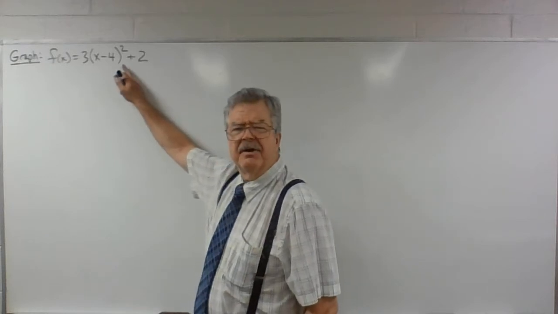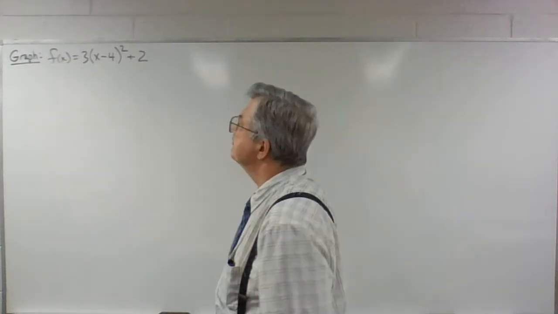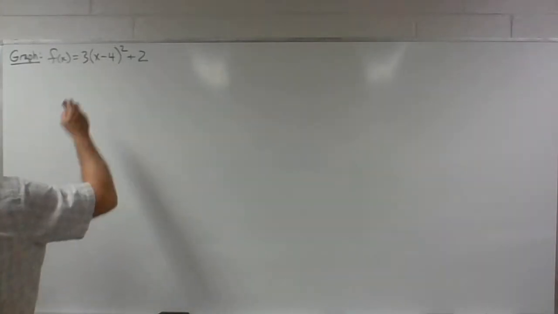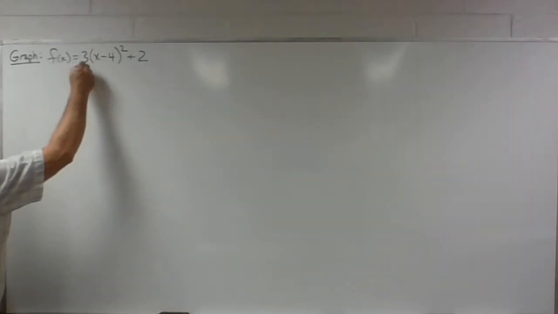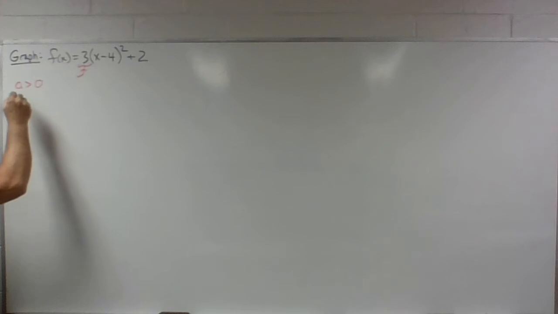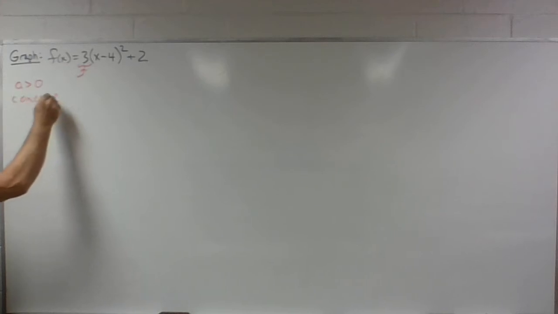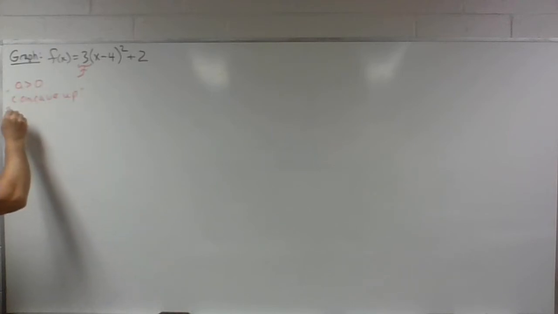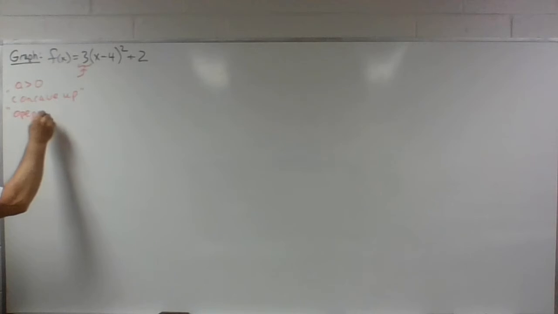This looks like a pretty good one to do. This is our A, and A is greater than 0, so it's concave up, or in other words, it opens upward.